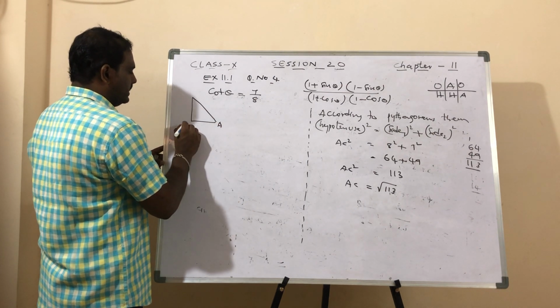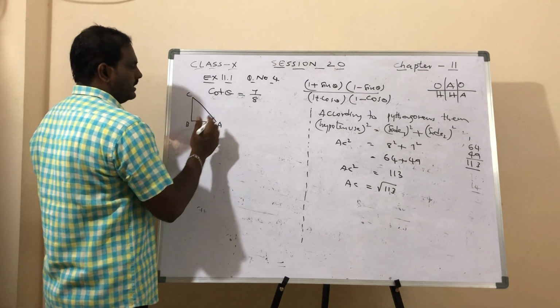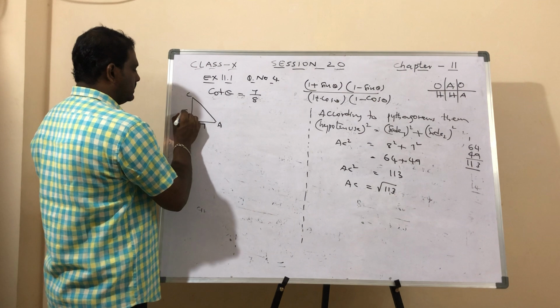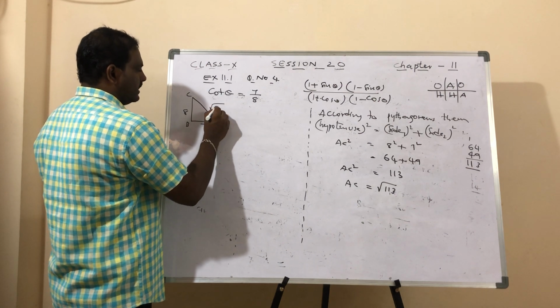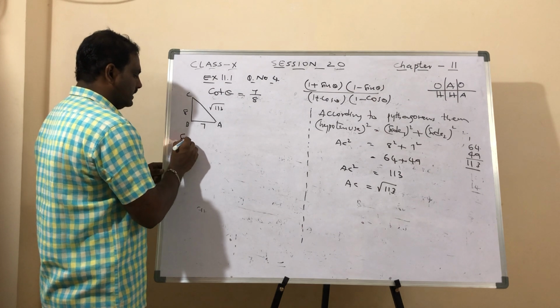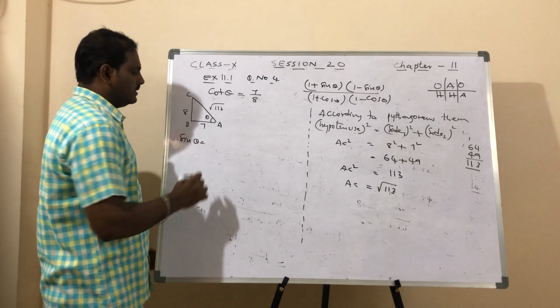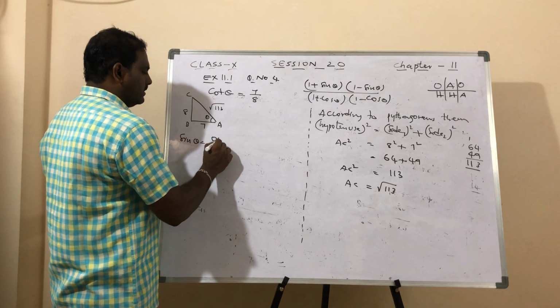this is ABC. AB adjacent side is 7 and this is 8 and this is square root of 113. Now first what do I want? Sine theta. So where I consider this is the theta. Then what will we get? What is the formula?